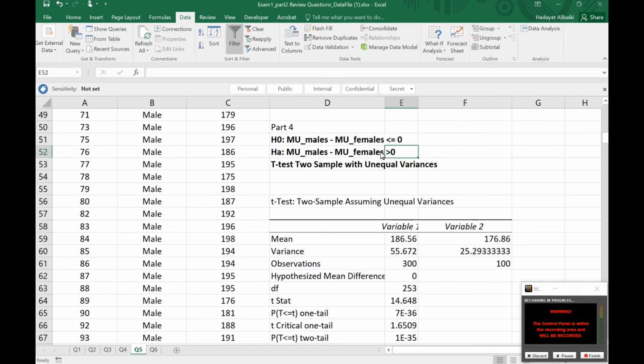So this is definitely a one-tail test. It's actually an upper tail test.